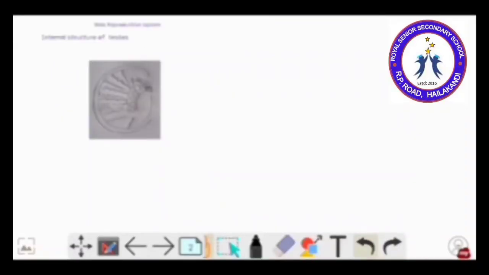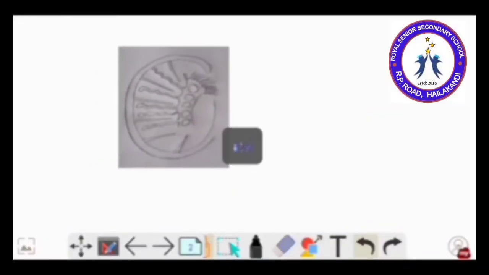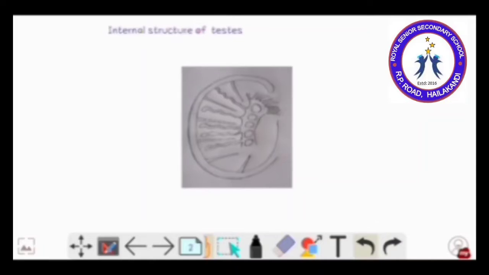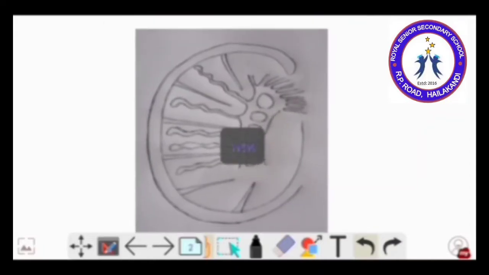So we have seen that the testis is an oval structure, and from the outer side it is covered with a fibrous capsule or fibrous line.